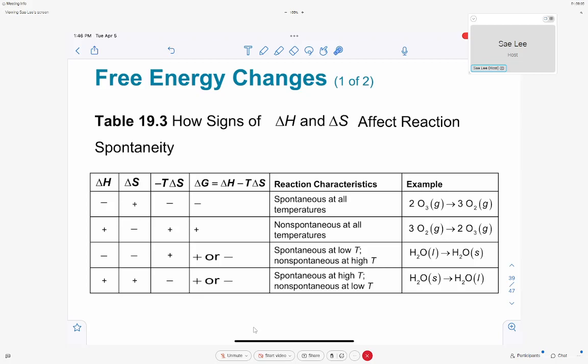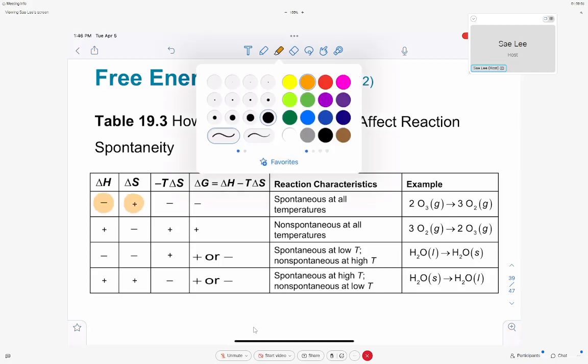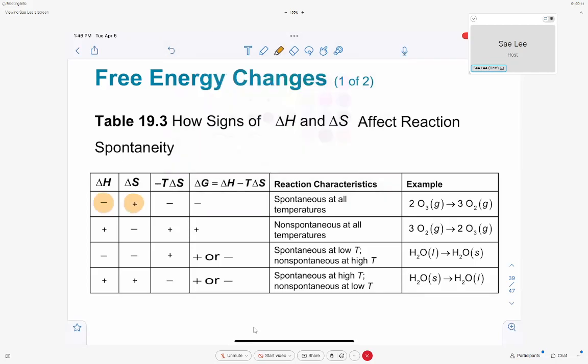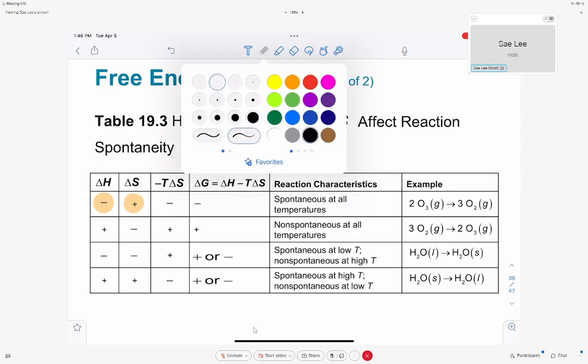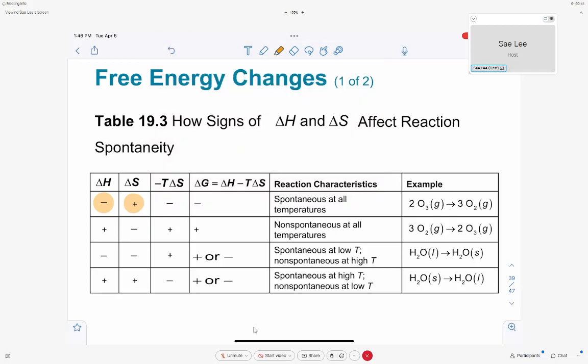If enthalpy is negative and the entropy is positive, then this portion is going to be minus positive.